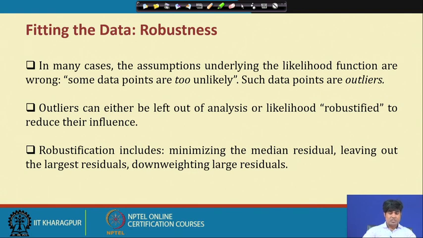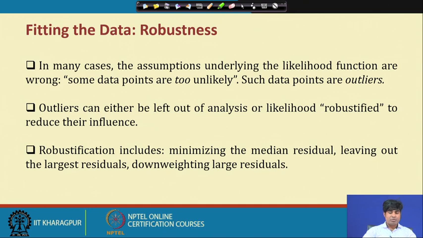In many instances, the assumptions underlying the likelihood function are wrong. Some data points are too unlikely, so those data points are outliers. We have already discussed this concept, the outlier in the heteroscedasticity problem. It is a very dangerous component, which also creates problems in count data modeling.